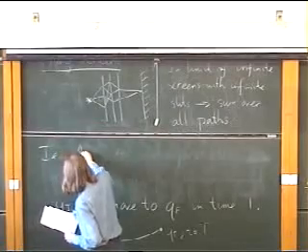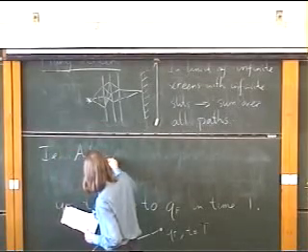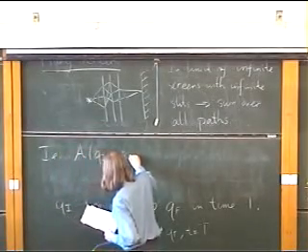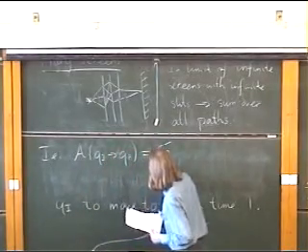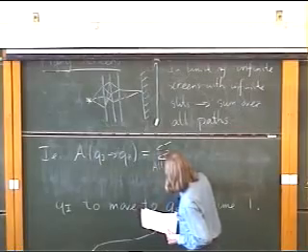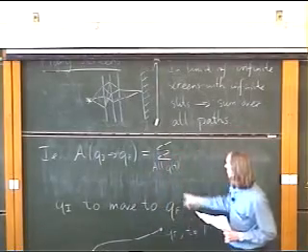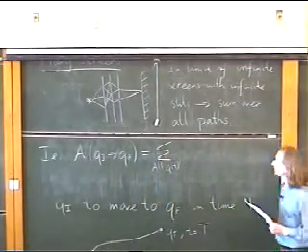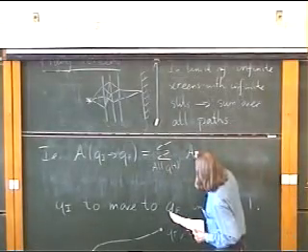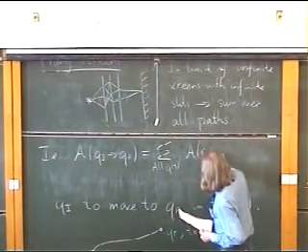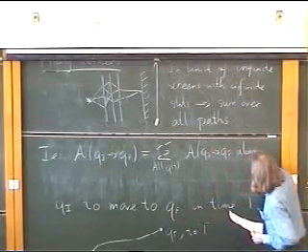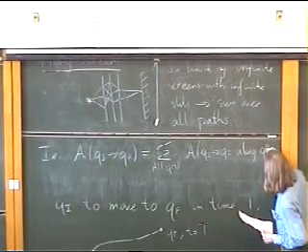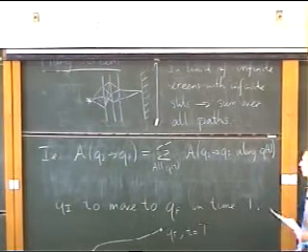In other words, the amplitude from Qi to Qf is the sum over all paths Q of t of the amplitude for Qi to Qf along a particular path.